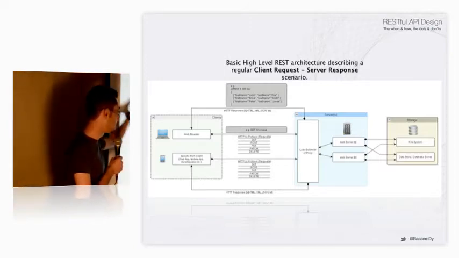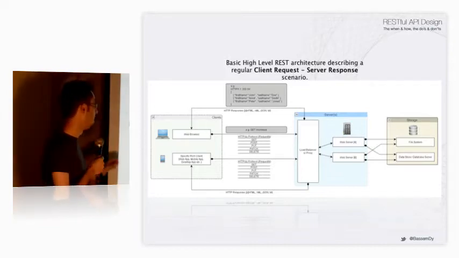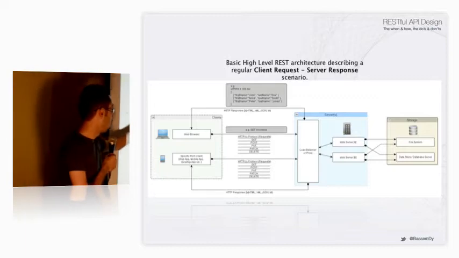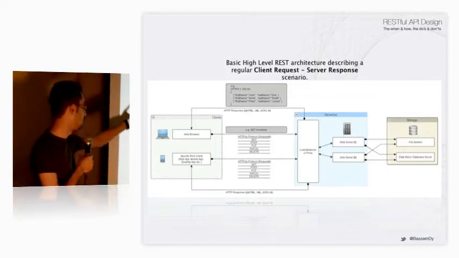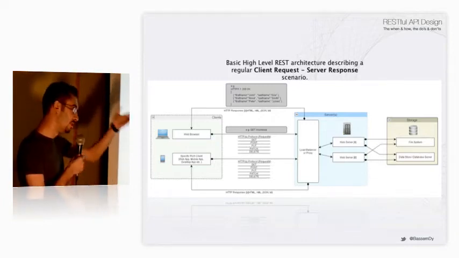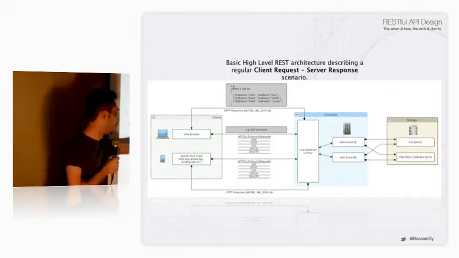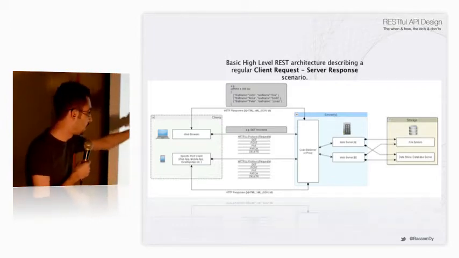Basically, the client initiates a request that is sent to the server through the HTTP protocol with multiple request verbs, let's call them, or methods. Here we're discussing the architecture on the server level. We have a load balancer and a couple of web servers.